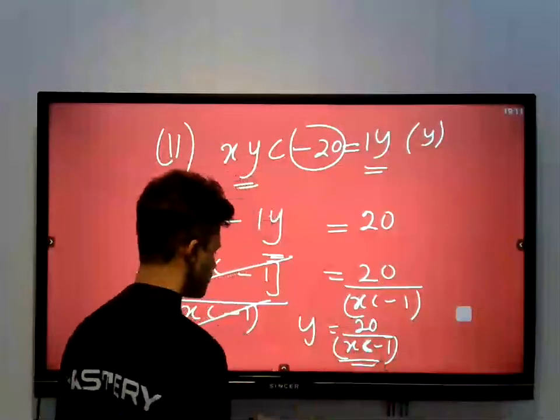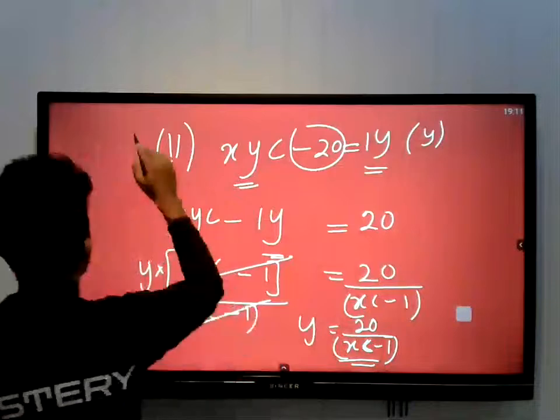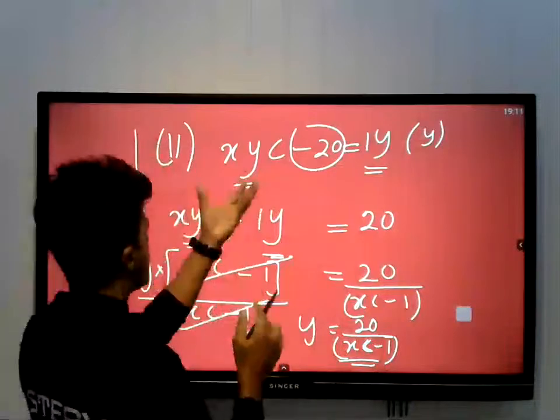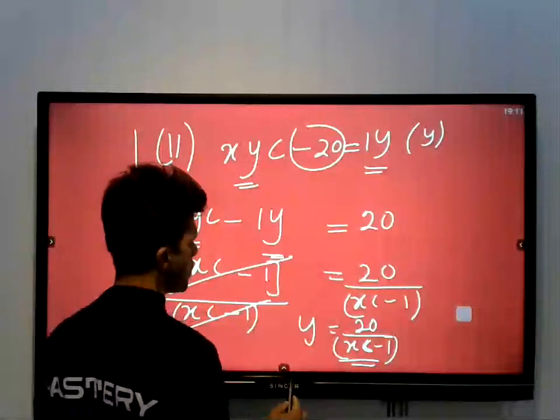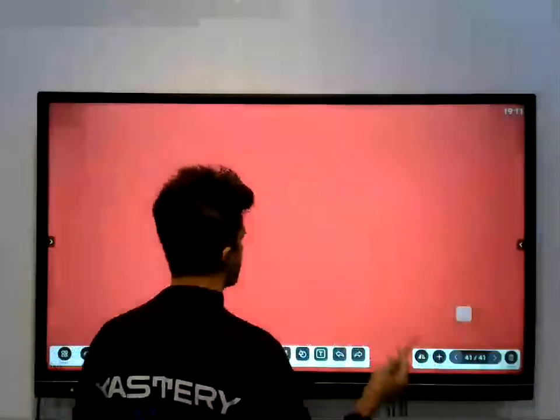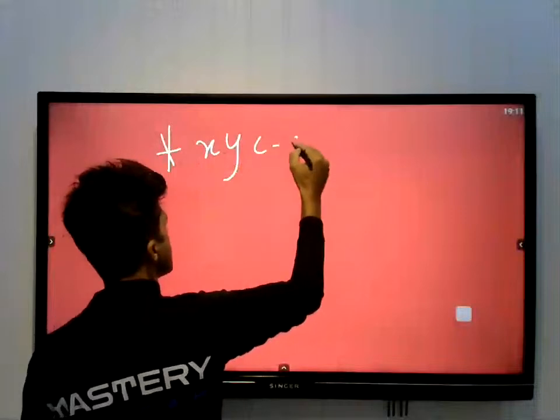So when it comes to this one, you are unable to write it in another way. I will write this again: xyz minus 20 equals y.